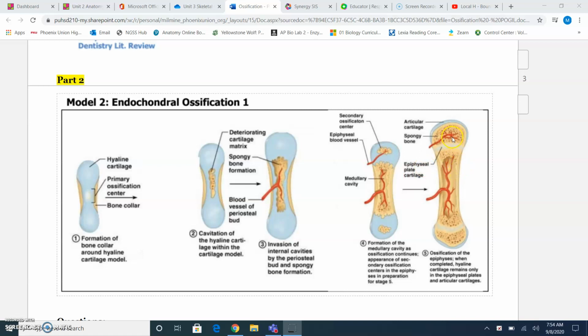This would be like what a bone looks like at birth, but at birth we still need to grow in height, and it is from these epiphyseal plates that we are allowed to continue that growth after we have been born.